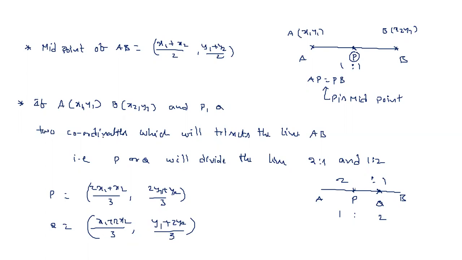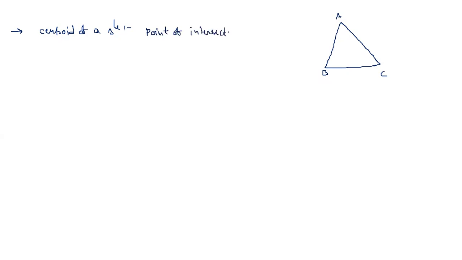Centroid of a triangle. Based on your physics from the centroid concept, what is the centroid of a triangle, students? What is the definition of the centroid of a triangle in math? Centroid of a triangle is the point of intersection of medians of a triangle.